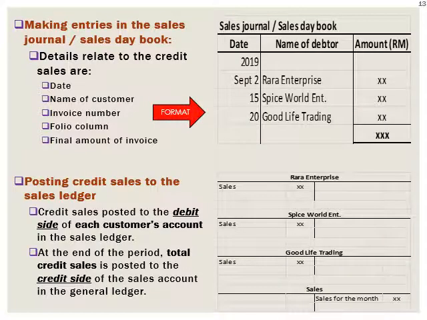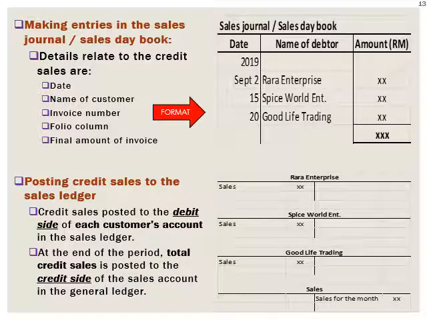Next, how to make entries in the sales journal and post the entry to the sales ledger. First, to make the entries in the sales journal or sales daybook, the details related to this are date, name of customer, invoice number, folio column, and final amount of invoice.